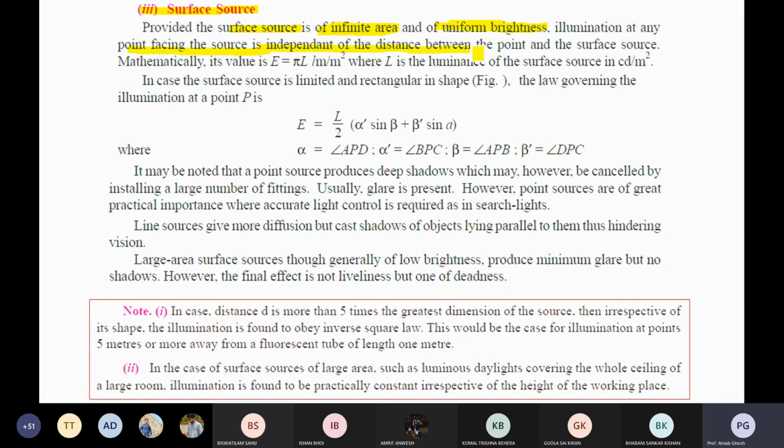So mathematically its value is E equals πL lumen per meter square, where L is the luminance of the surface source in candela per meter square.